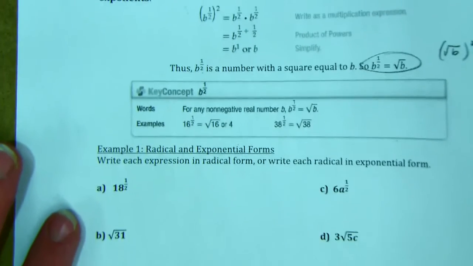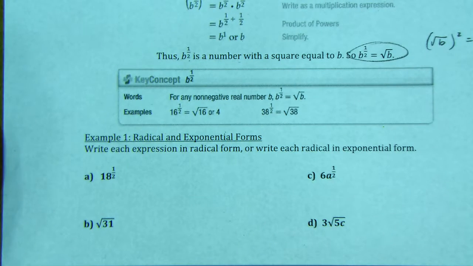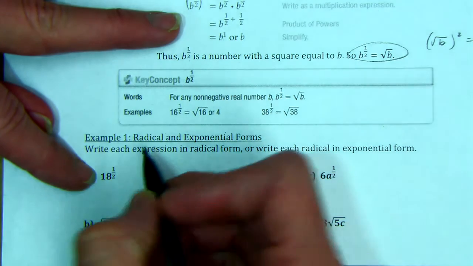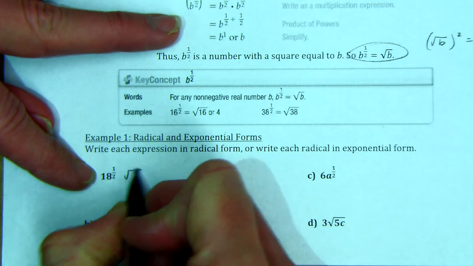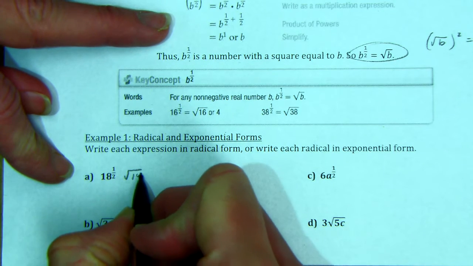All right, so take a look. First problem, we are just simply simplifying. Well, they want to write them in radical form, so as a root. So 18 to the 1/2 power is the square root of 18.